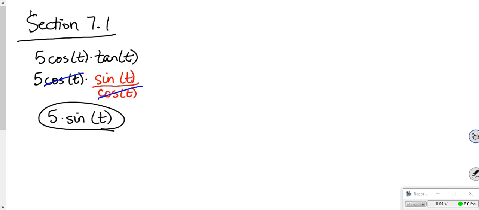Okay? Another one. I've got cosine t times cosecant t. Now, if you remember, cosecant t is 1 over sine is our cosecant function. So let's rewrite it.